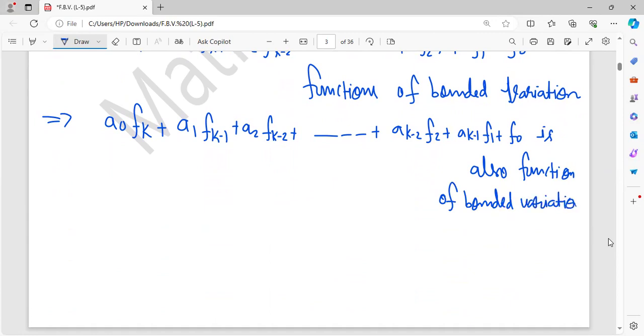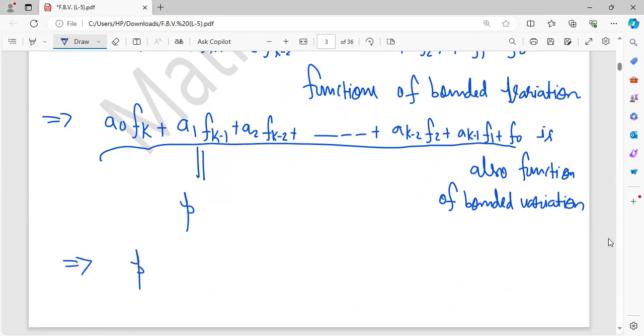And you see that this is nothing but p(x), the polynomial. So this implies p is a function of bounded variation.